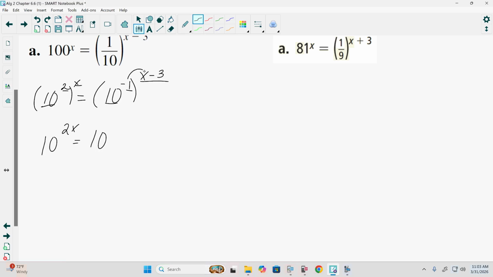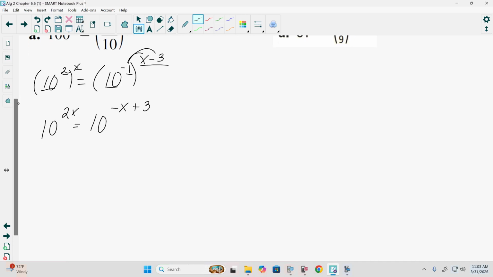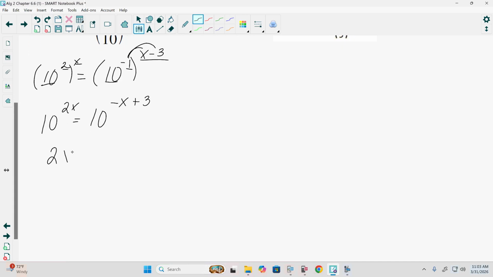Well, negative 1 times x is negative x. And negative 1 times negative 3 is plus 3. So we have 10 to the 2x is equal to 10 to the negative x plus 3. And since the bases are the same, the exponents have to be the same as well.